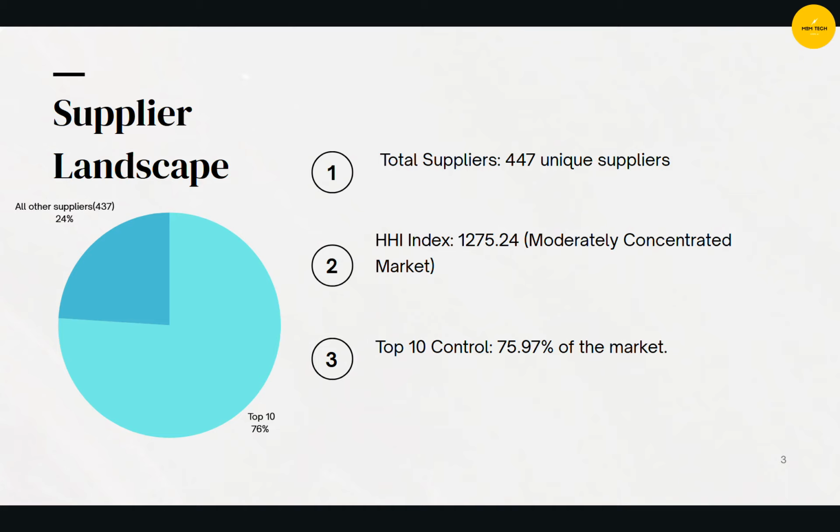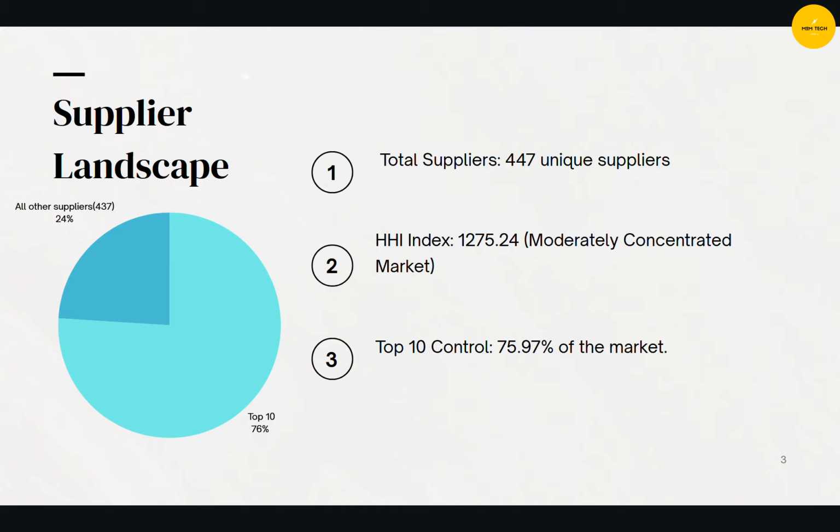Now let's look at the supply landscape. This shows a picture that we can interpret either way. The first thing I would like to mention is that there are 447 unique suppliers during this two-year period. The top 10 suppliers were controlling 76% of the market.